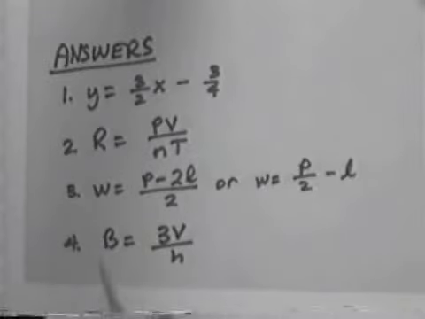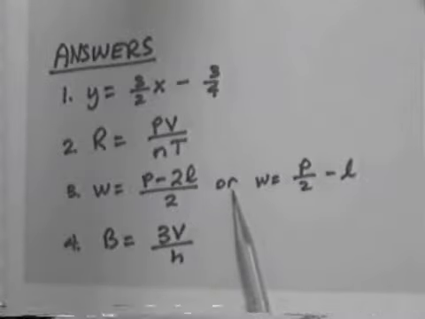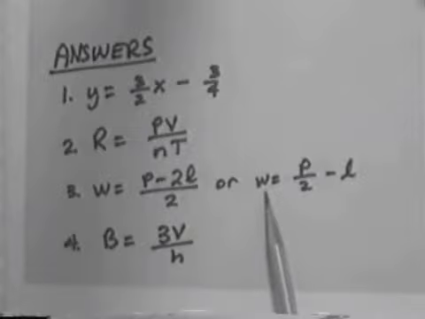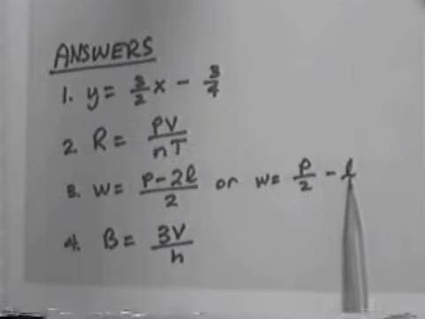For number 3, W is equal to P subtract 2L all over 2. Or, if you prefer to decompose the fractions, W is equal to P over 2 subtract L.